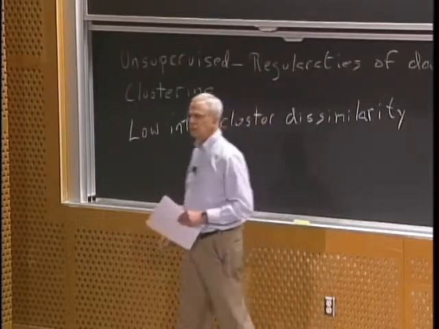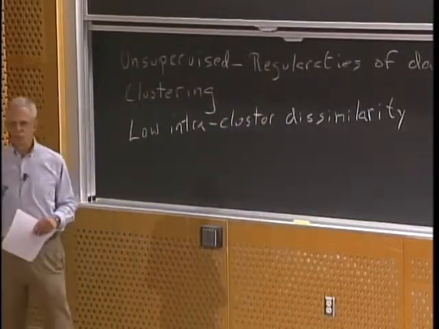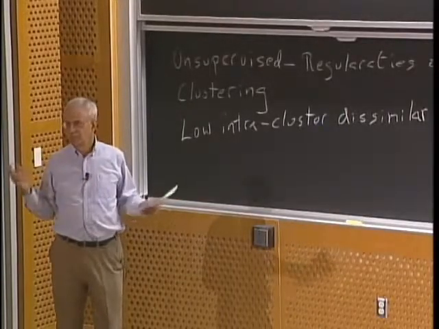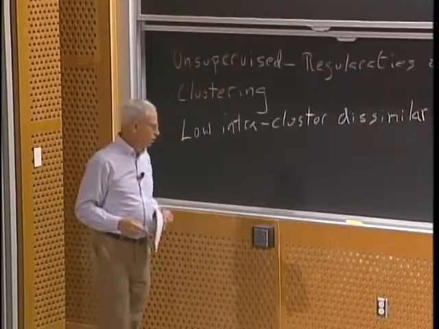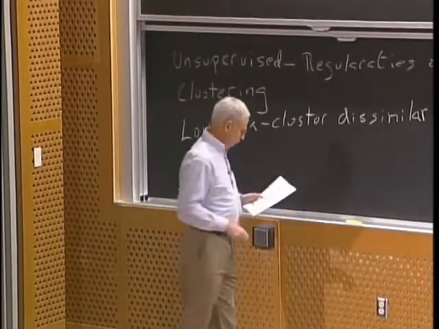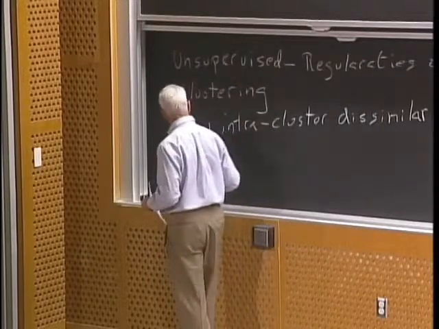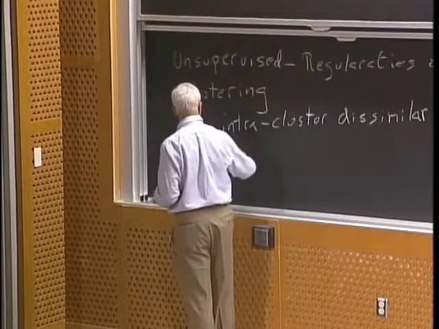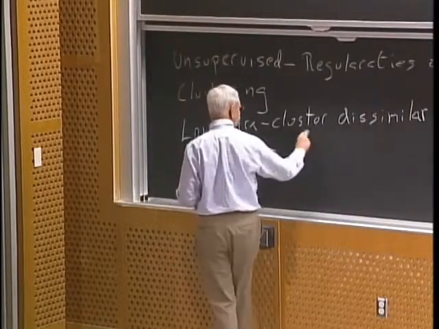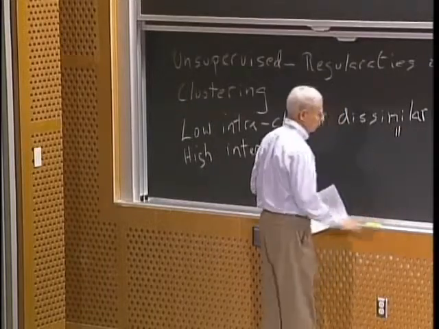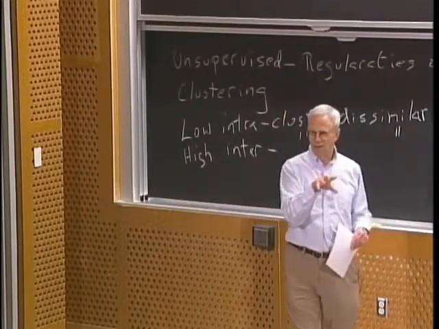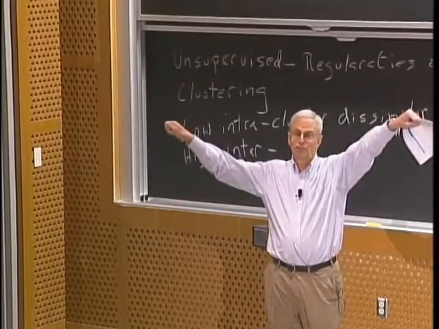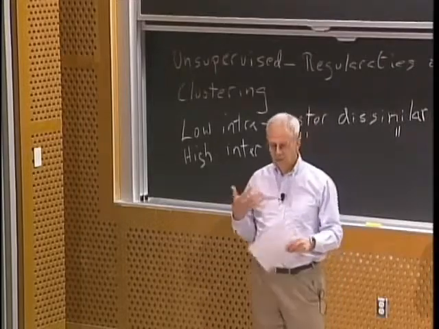So in a good clustering, all of the points in the same cluster should be similar by whatever metric you're using for similarity. And as we'll see, there are a lot of choices there. But that's not enough. We'd also like to have high intercluster dissimilarity. So we'd like the points within a cluster to be a lot like each other, but if points are in different clusters, we'd like them to be quite different from each other. That tells us that we have a good cluster.